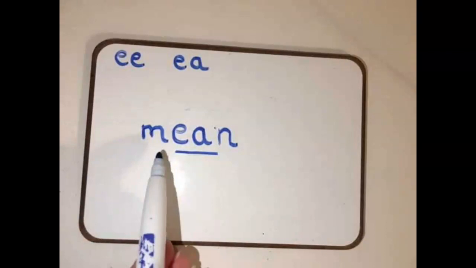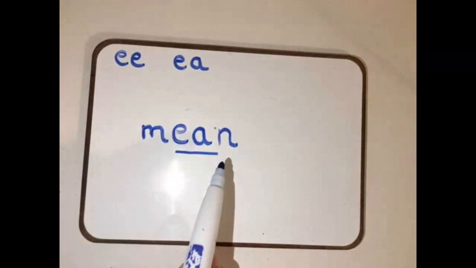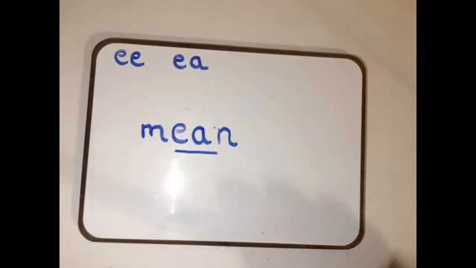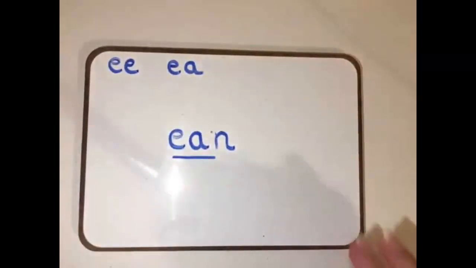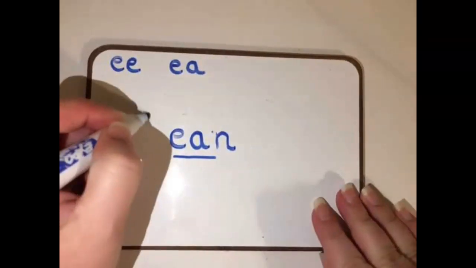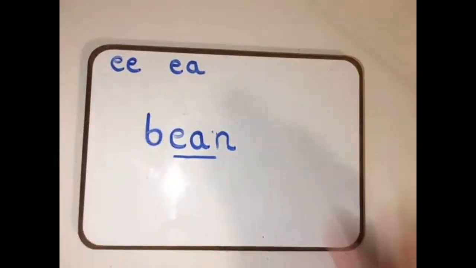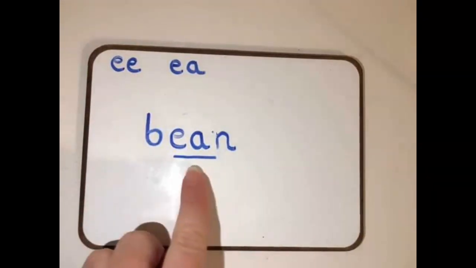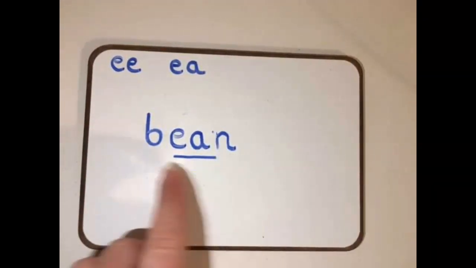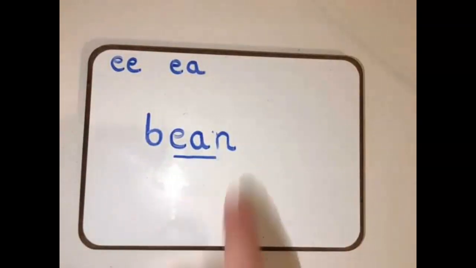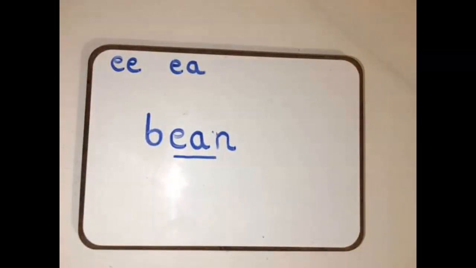Mean. Mean, right? Okay, and we wrote that word before on our T-chart. Let's take off the M and replace it with a B and see if you can read the word. B-E-A-N. Bean, right? Like Jack had a beanstalk.